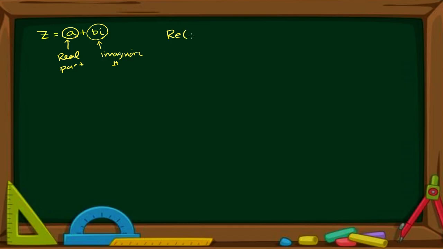I did make it clear that if you were to see the function the real part of z, this would spit out the a, and the function the imaginary part of z, as we talked about in the first video, would spit out the number that's scaling the i, so it would spit out the b. So if someone is talking in the formal sense about the imaginary part, they're really talking about the number that is scaling the i.